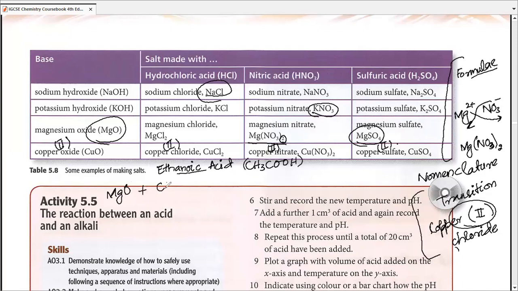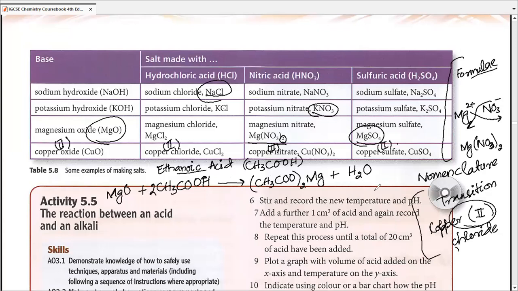So it's going to be MgO plus 2CH3COOH. Remember, we're going to take 2 of them because the magnesium has a positive 2 valency. So it would be (CH3COO)2Mg plus H2O. That's how we come up with the equation.